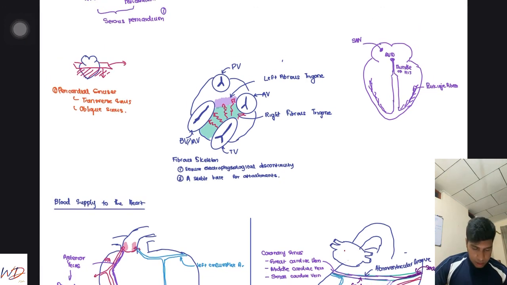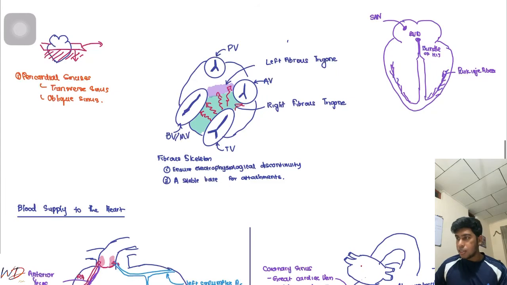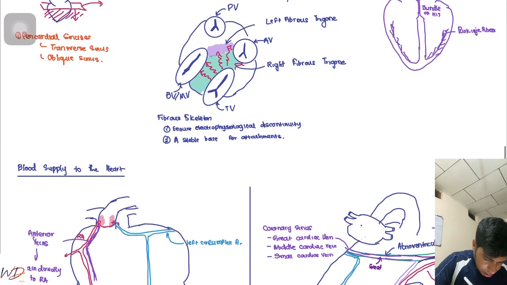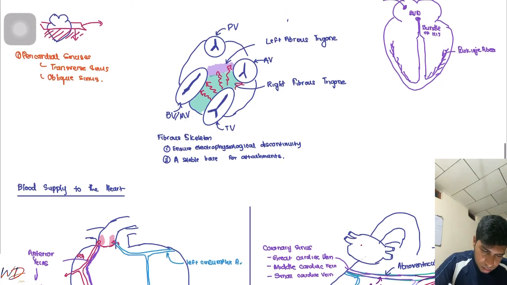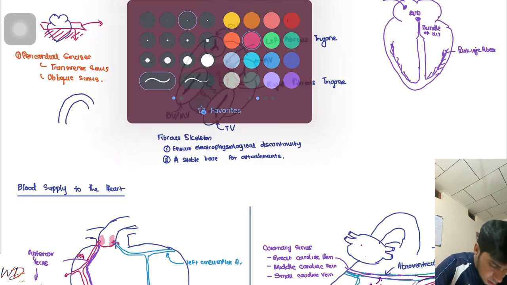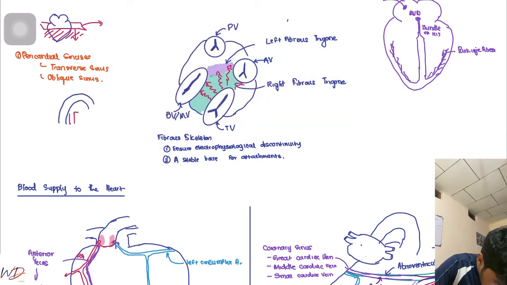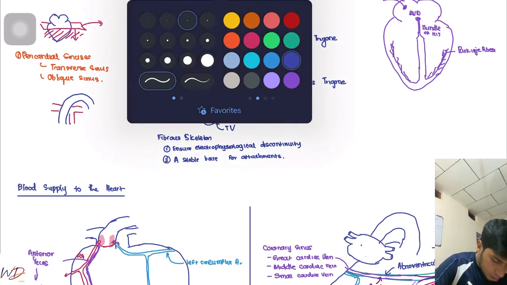So in this condition, let's take the vessels. Here is the aorta, here is the pulmonary trunk, and here is the base of the heart.